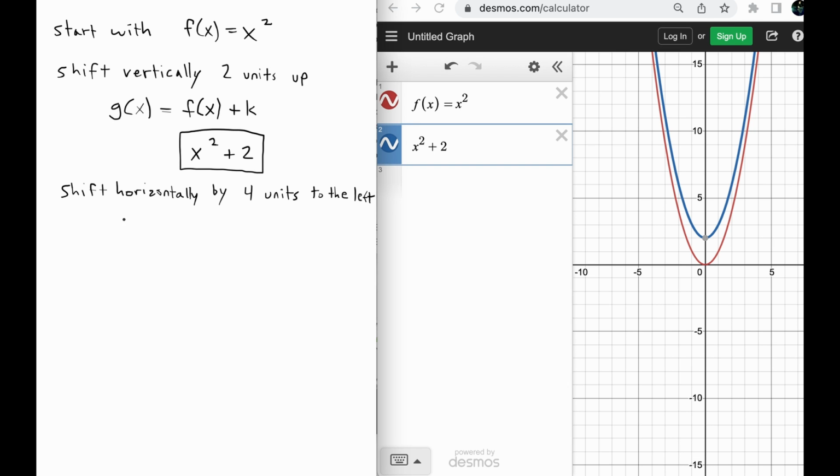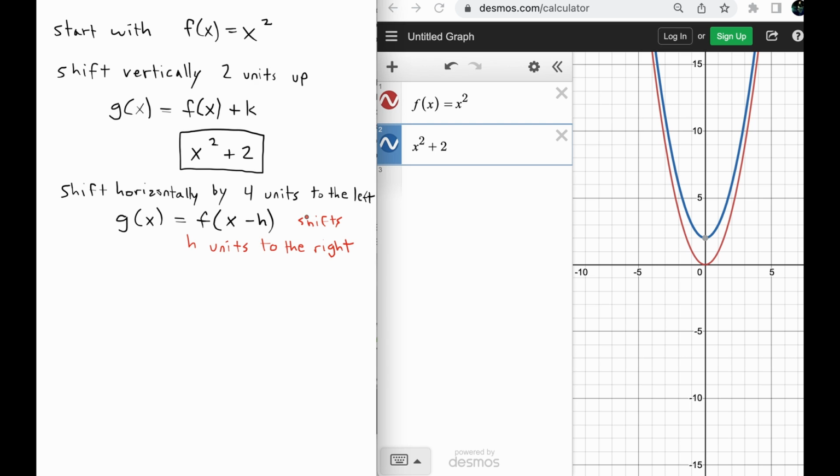Now when you're doing a horizontal shift, the rule would be that you take the original function and you have to make the shift directly to the x variable. And this will shift it h units to the right. I don't want to shift mine to the right, I want to shift it to the left.